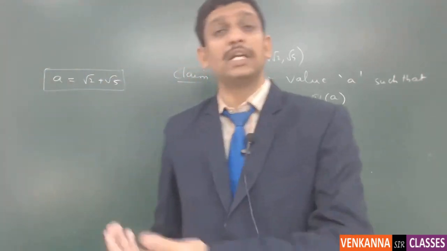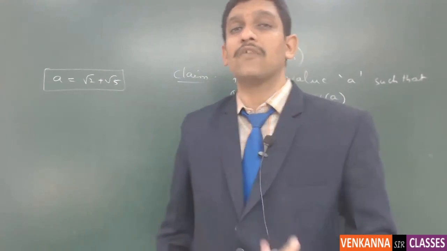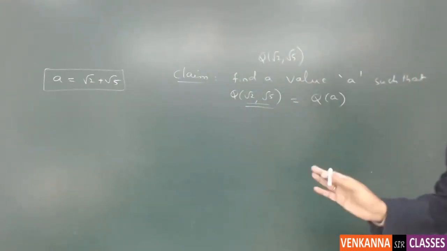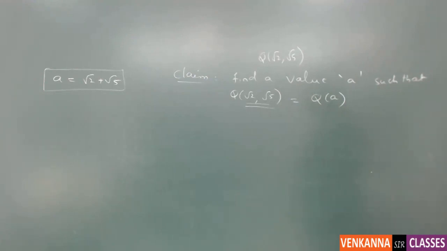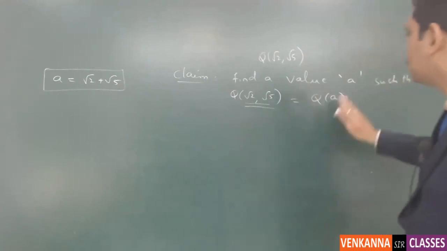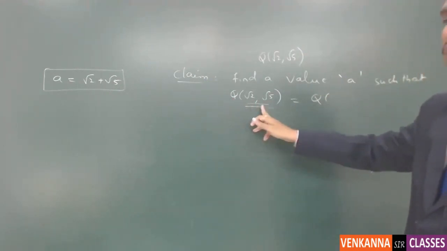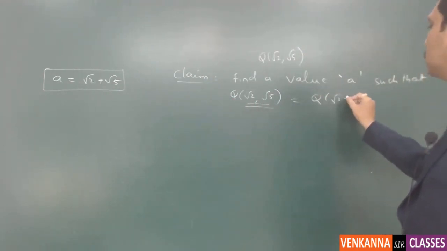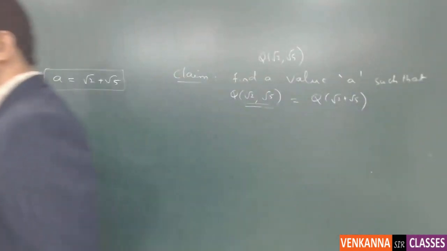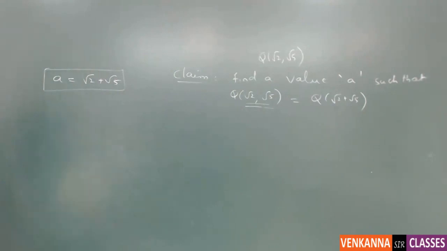How can we confirm that the sum of the two values is equivalent to the generating set of these two? That is at present immaterial. We don't require to prove the result. So my intention is I want to show that Q of root 2 comma root 5 is equal to Q of root 2 plus root 5. This is my claim actually.